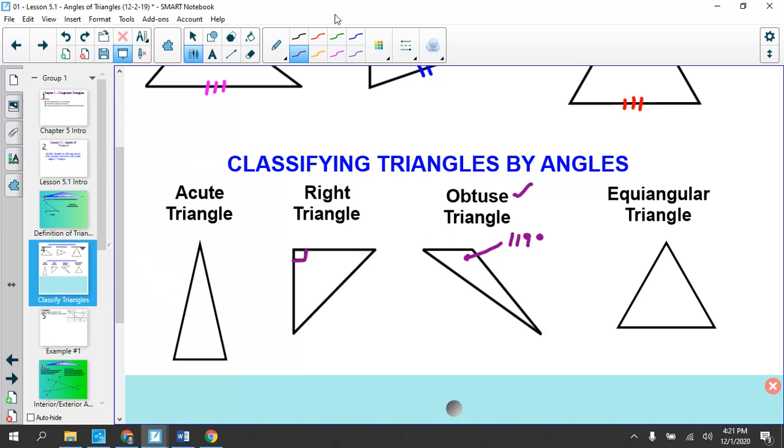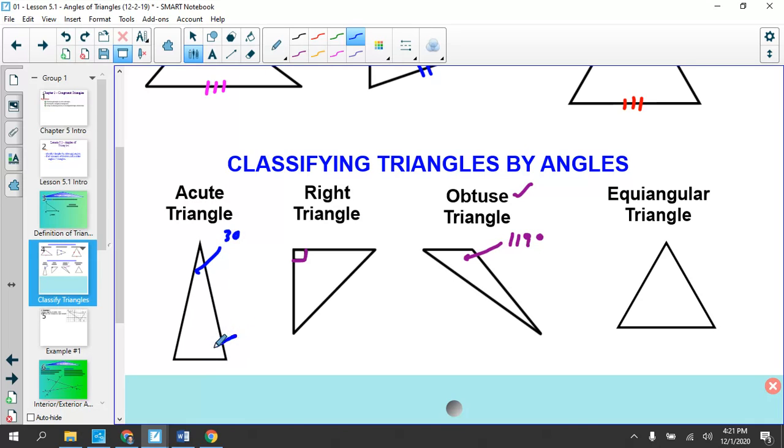Acute is a little bit more specific. We would have to know all 3 of these are acute angles, or basically that none of them are obtuse. Right? If all I know is this is 30 degrees, yeah, that's good. But what if this is 95 down here?